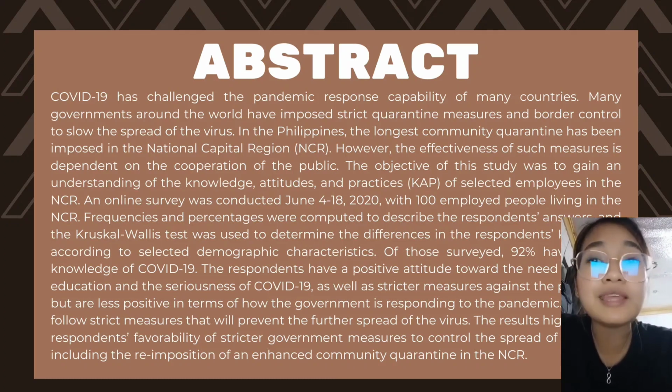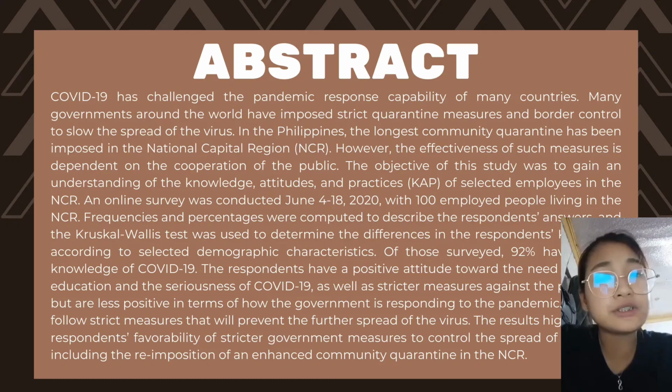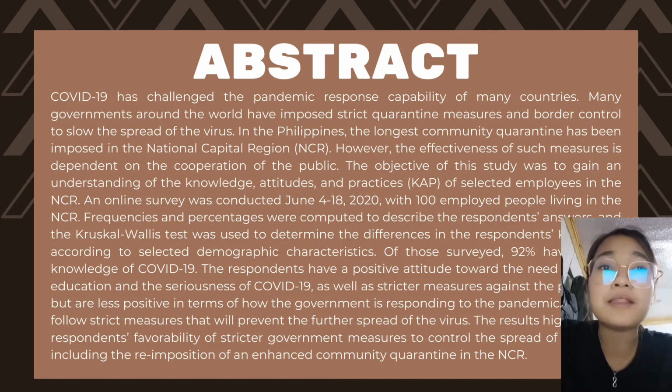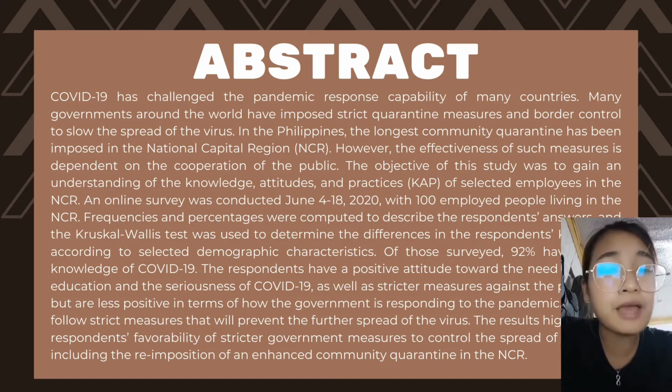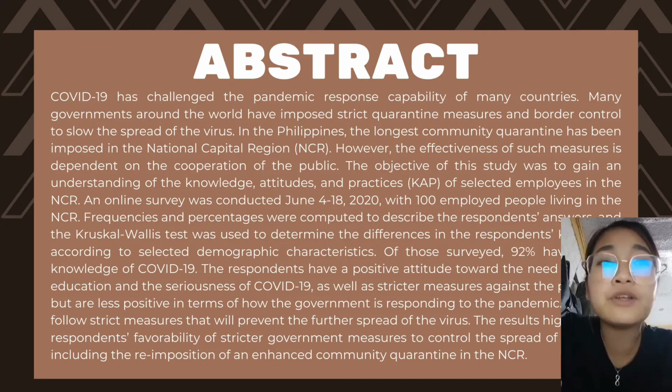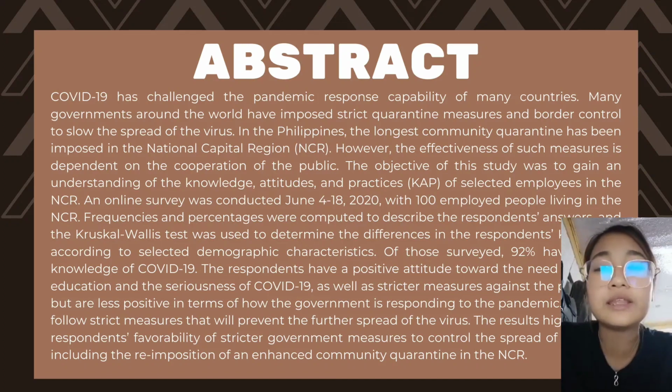The respondents have a positive attitude toward the need for health education and the seriousness of COVID-19, as well as stricter measures against the pandemic, but are less positive in terms of how the government is responding to the pandemic. They also follow strict measures that will prevent the further spread of the virus. The results highlight the respondents' favorability of stricter government measures to control the spread of COVID-19, including the reimposition of an enhanced community quarantine in the NCR.